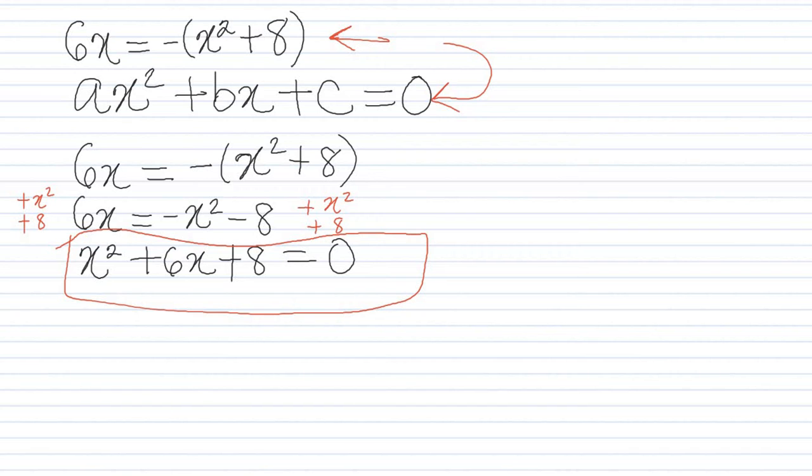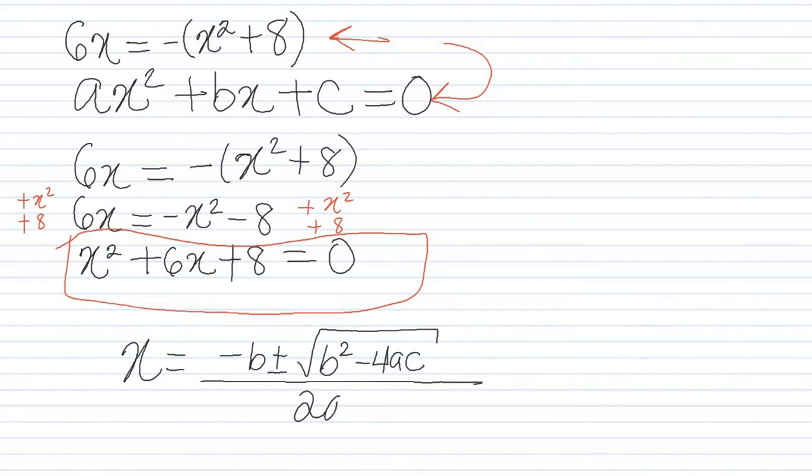Now we can go to the part that involves using the quadratic formula. We know the quadratic formula is x equals negative b plus or minus the square root of b squared minus 4ac, over 2a.